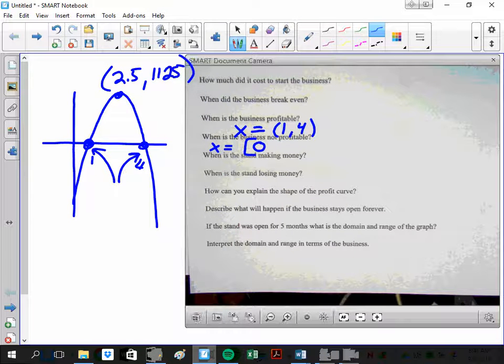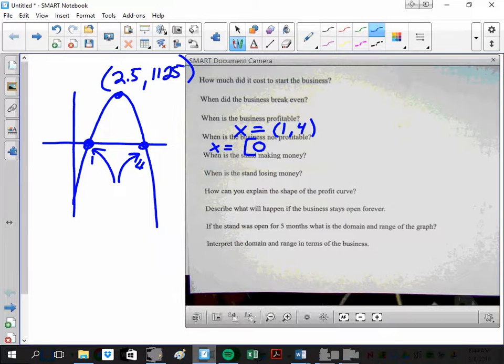Does anybody not understand why? 2 things have to happen to be a bracket. First, the point has to be there. Is 0 one of the points on the graph? Yes, 0, negative 2,000 is in fact the very first point on the graph. And is that point below the x-axis? Yes.